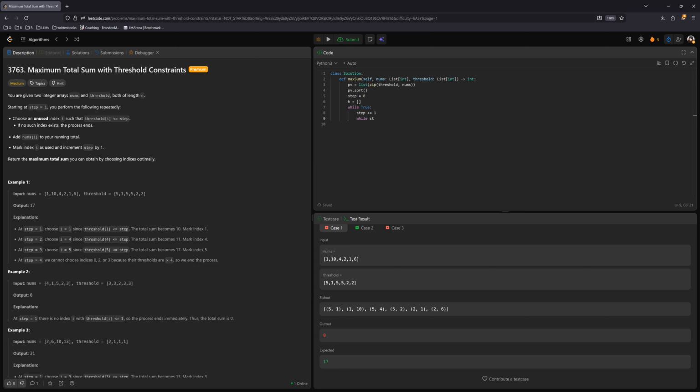While step, while PV of 0, 0 is lesser than or equal to step.